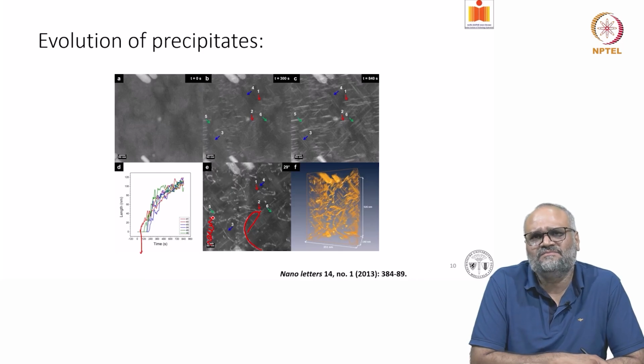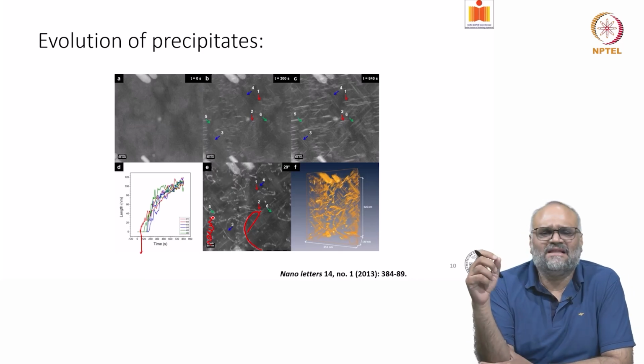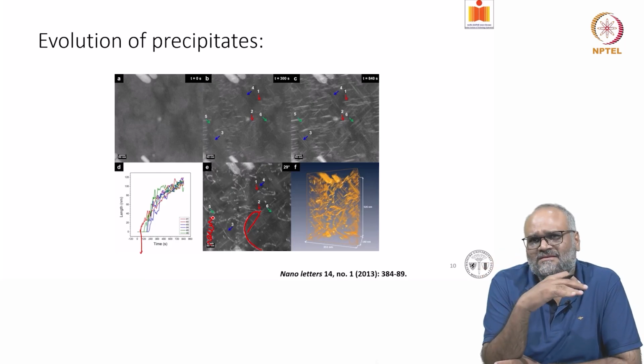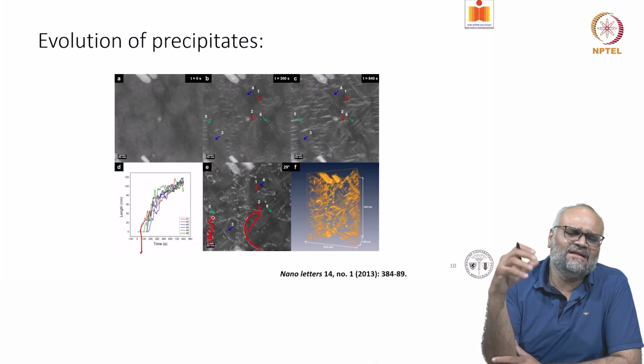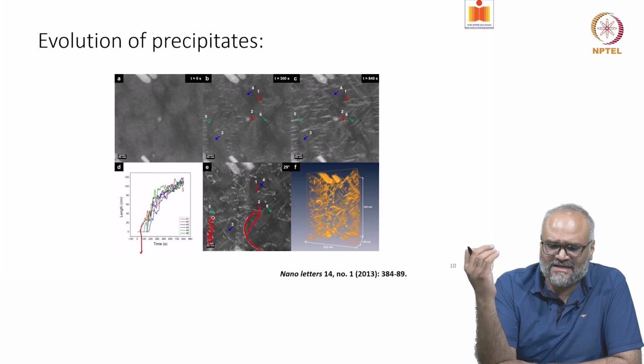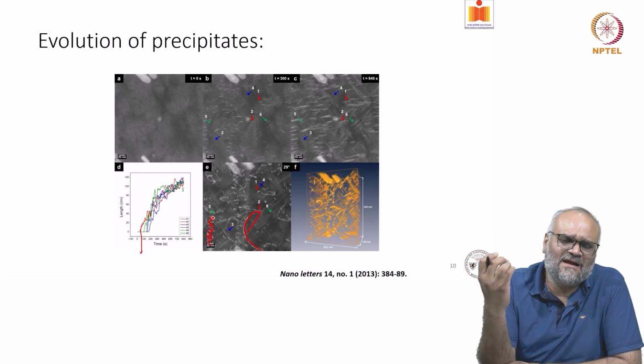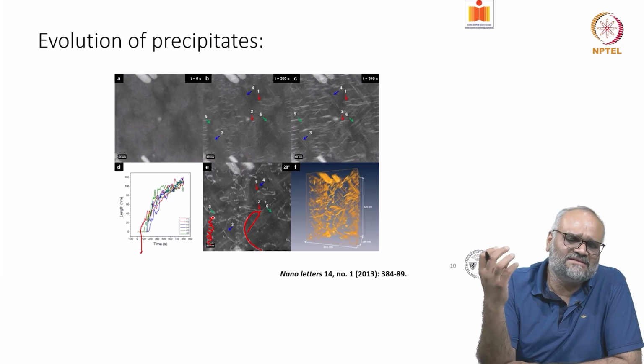within the matrix. So if you want to see processes like precipitation, there is the process of diffusion, and then there is the process of creation of vacancies or defects where the solute atoms are trapped, and that is where nucleation starts.